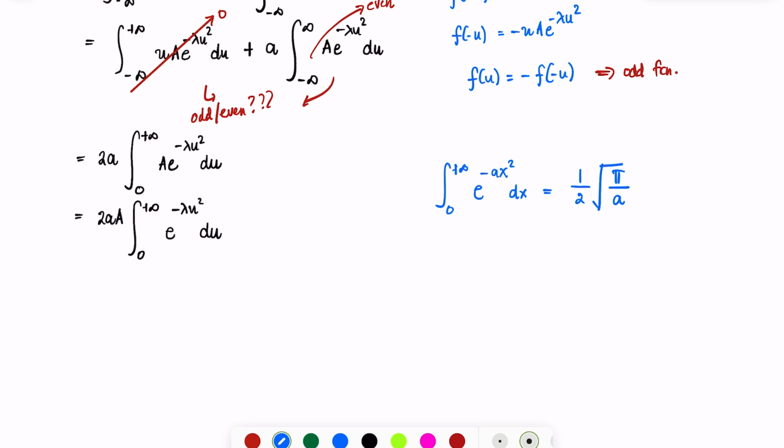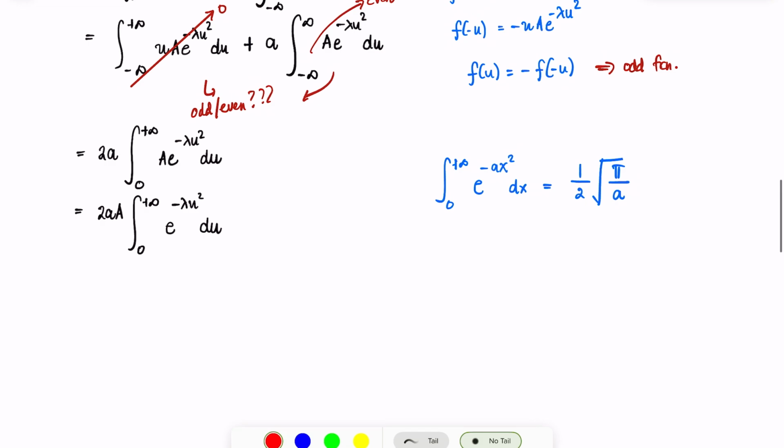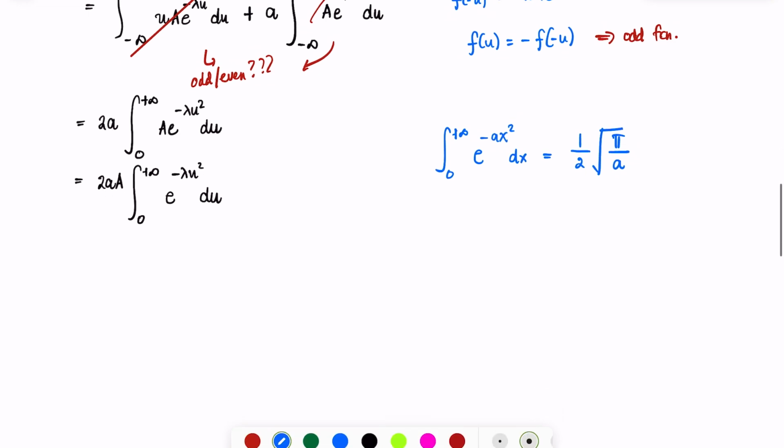So I want you to look very closely at this form, and I'm hoping you can realize that it is just this form. It's just that instead of x, you get u, dx, you get du, and instead of a, which is just any constant, you get lambda, which is also a constant with respect to u. So you can surely use this integral, and that is just equal to 1/2 of the square root of pi over a.